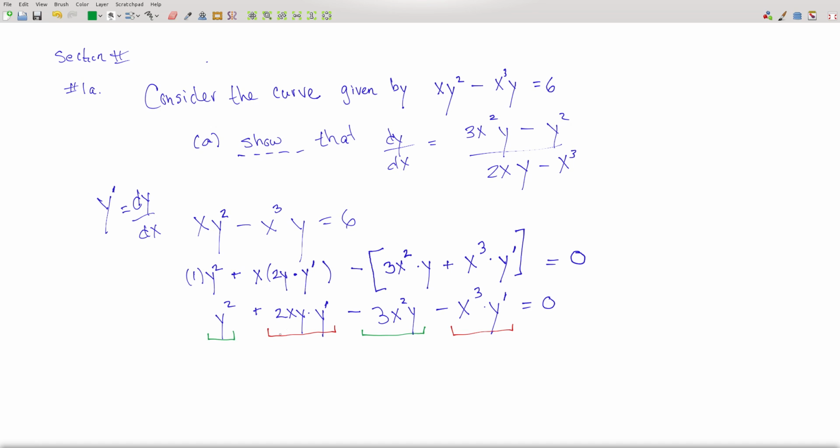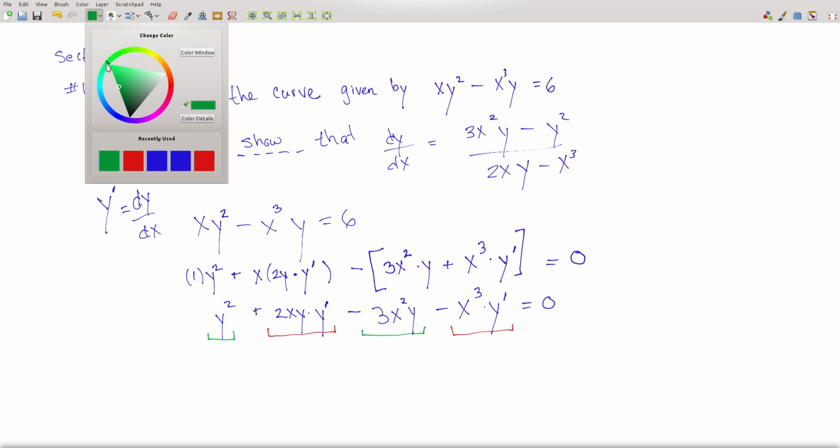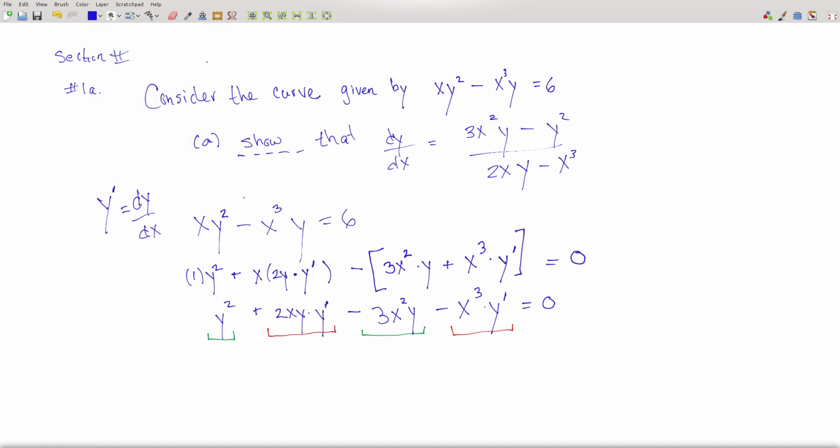The red underlined terms have y primes in them, and the green underlined terms do not. Let's move all of the terms that have a y prime to the left-hand side. Well, that's easy since they already are on the left-hand side. Let's move all of the terms that do not have y primes in them to the right-hand side.